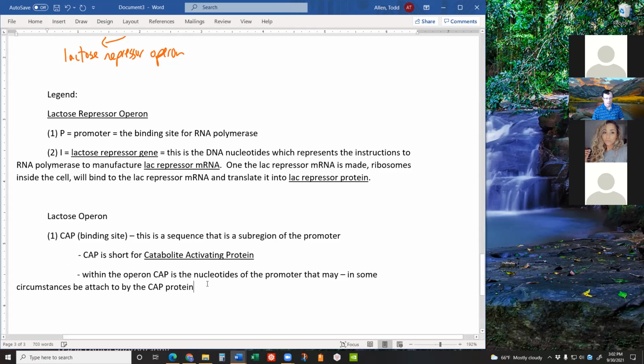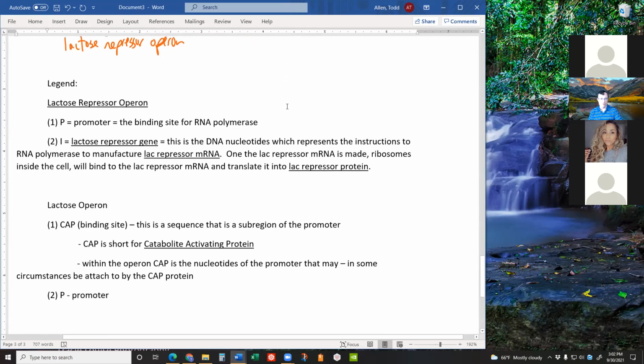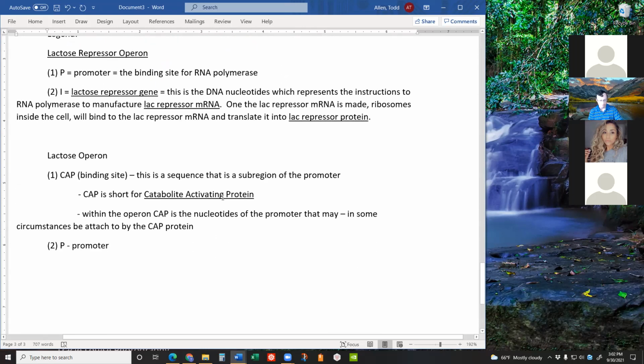All right. Number 2, P once again is the promoter. It is the promoter for genes Z, Y, and A, but I'm getting ahead of myself. This is the promoter used by RNA polymerase to make proteins.